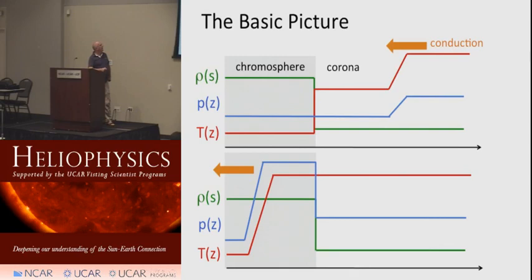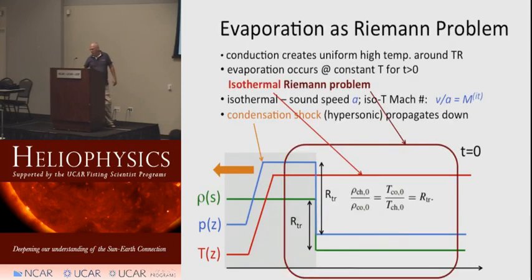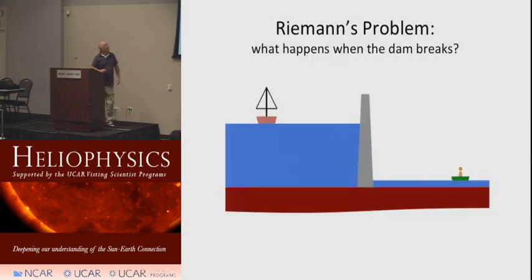The density, nothing has moved because the thermal conduction happens so quickly. So the density has a jump. That means there's a big pressure jump, with no motion, no change in density. This is what's known as a Riemann problem. Okay? Let me just jump to a simplified picture of a Riemann problem.